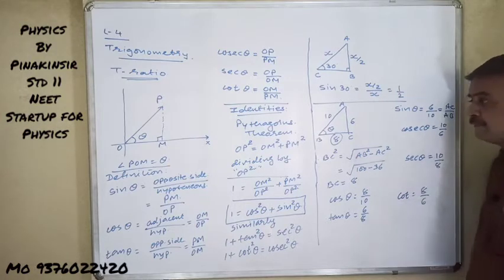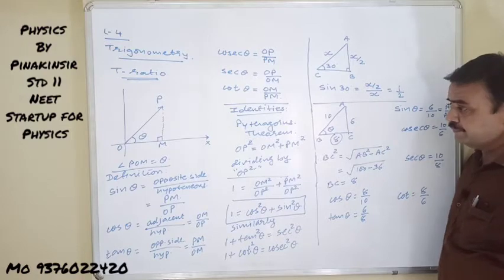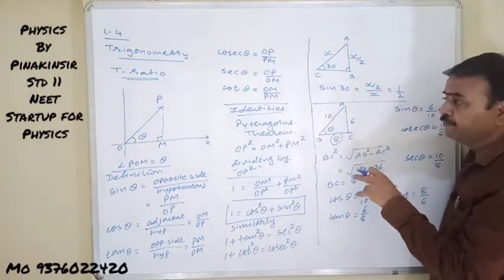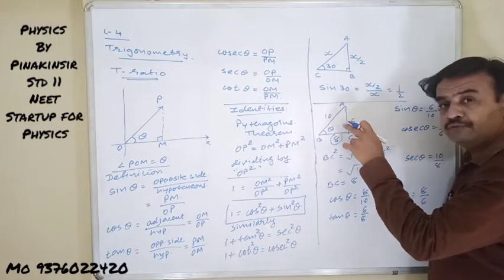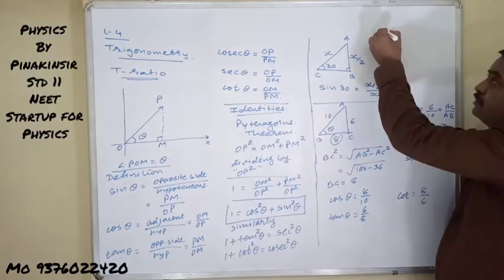One more interesting thing is that in this Pythagoras trio, that particular angle will always be equal to 37 degrees.